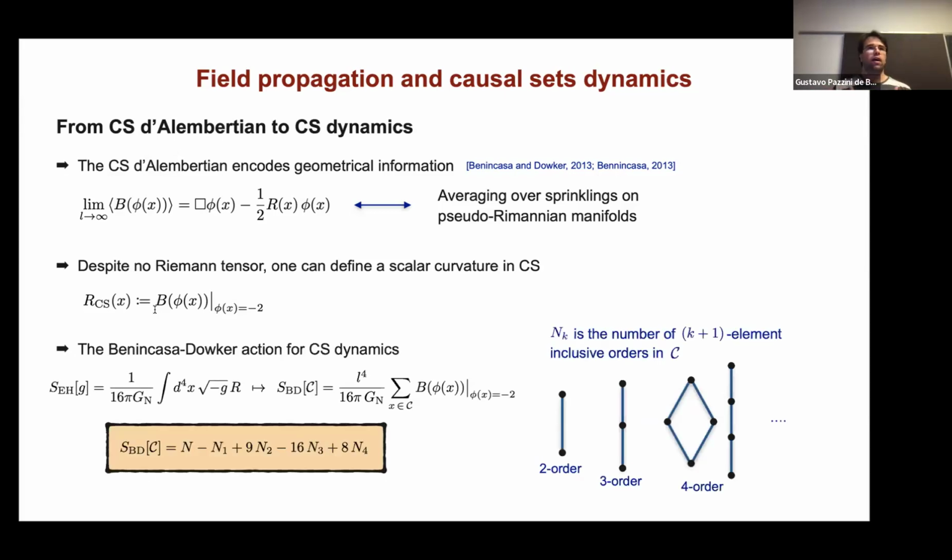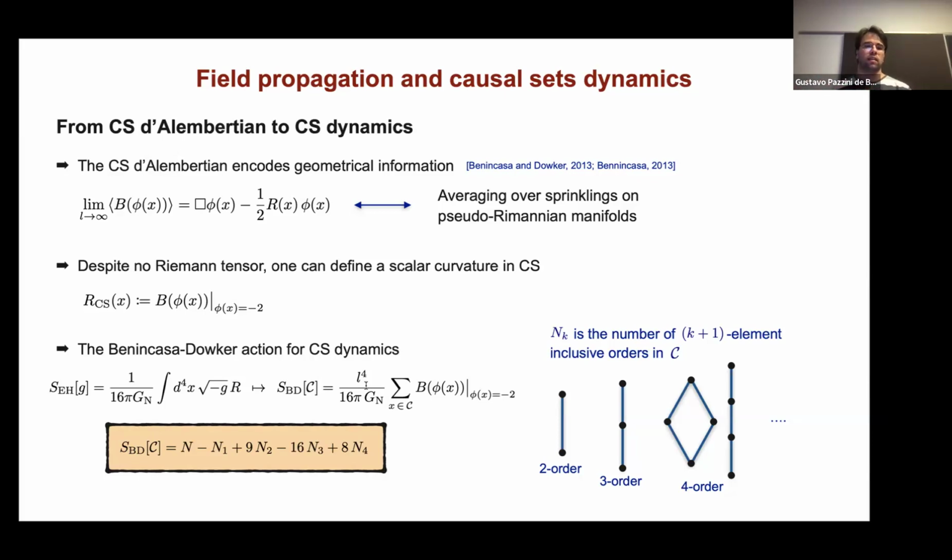Now that we have a scalar curvature in a causal set, we can try to understand how to construct the dynamics of a causal set. We start from the dynamics in the continuum limit, just the Einstein-Hilbert case. Since we now have scalar curvature defined in the causal set, we can construct a discretized version of the Einstein-Hilbert action.